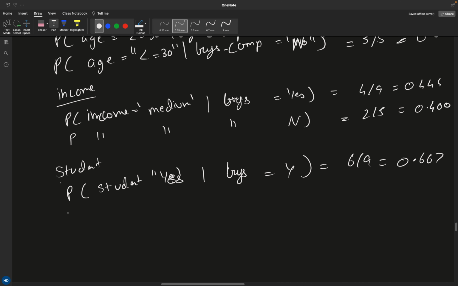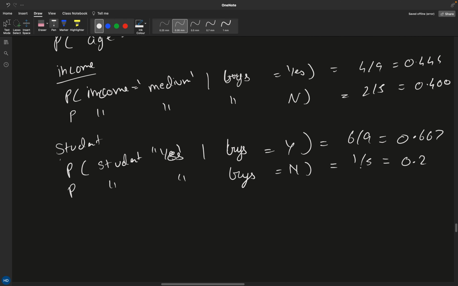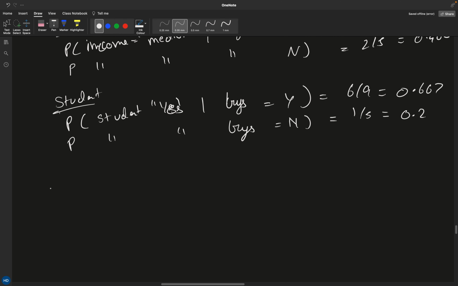I'll just quickly write because we are recording a video and I have the ability to do that. Why is no? 1 by 5, because only one of them is not able to buy. Is 0.2. Remember, 9 is total yes cases, not for student. It is for the entire data set, and 5 is for the entire data set of no. ठीक है? Student also done.